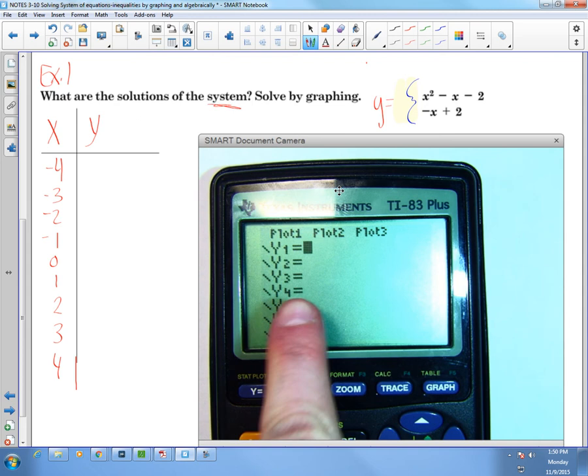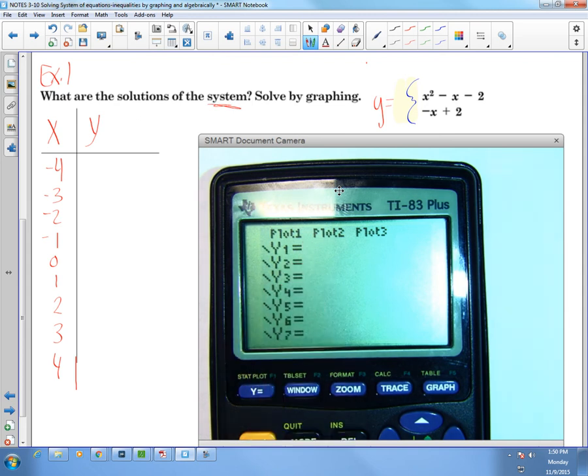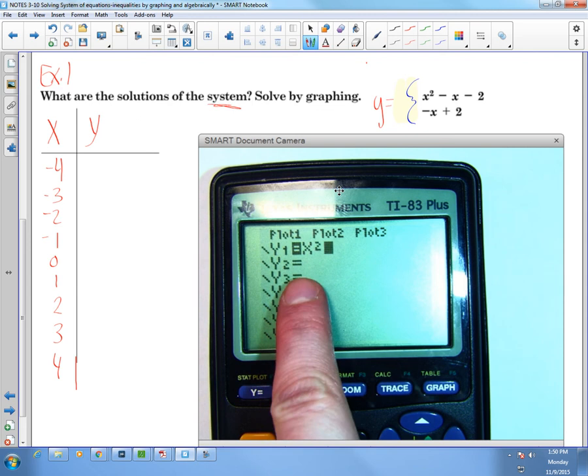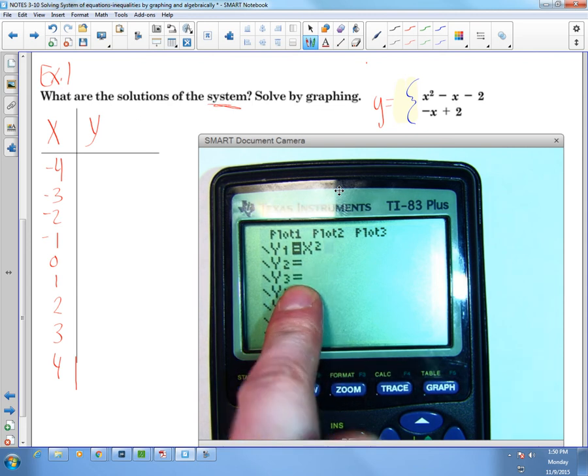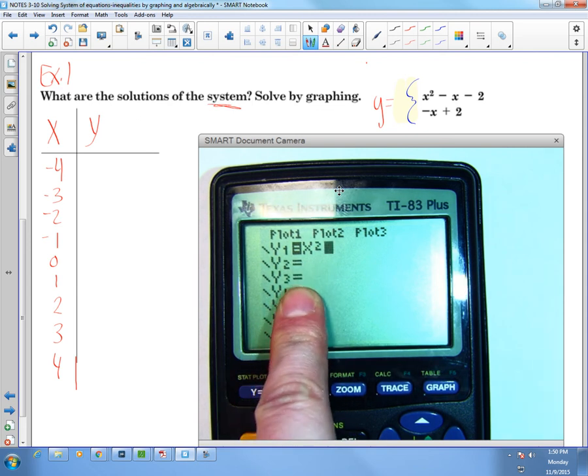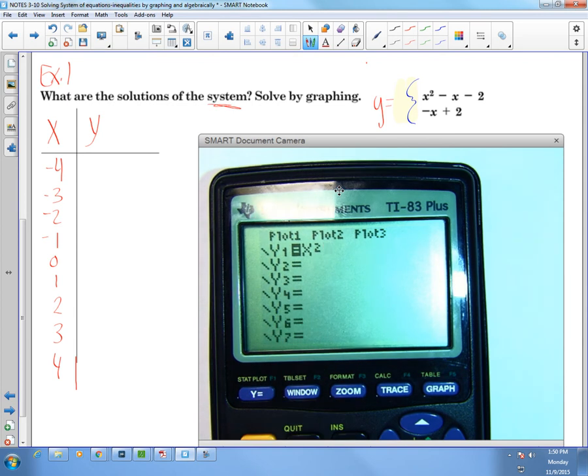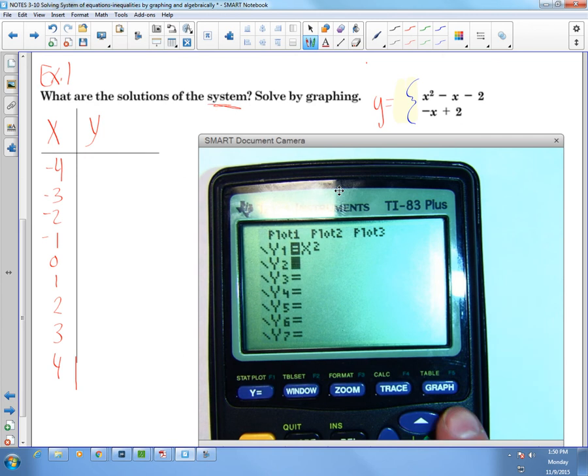I need the y1 equal sign to be highlighted. As I type in x squared, it automatically highlights. I don't want the y2 highlighted. So if you have one that was used earlier today, you need to unhighlight the y2. You do that by arrowing over to the equal sign and pressing enter. It will highlight it and unhighlight it.